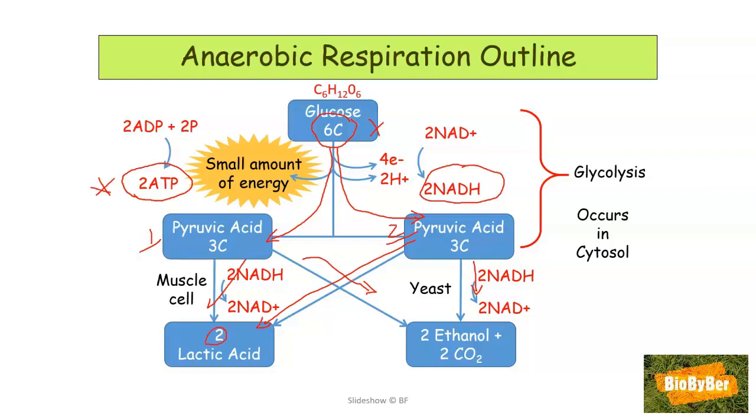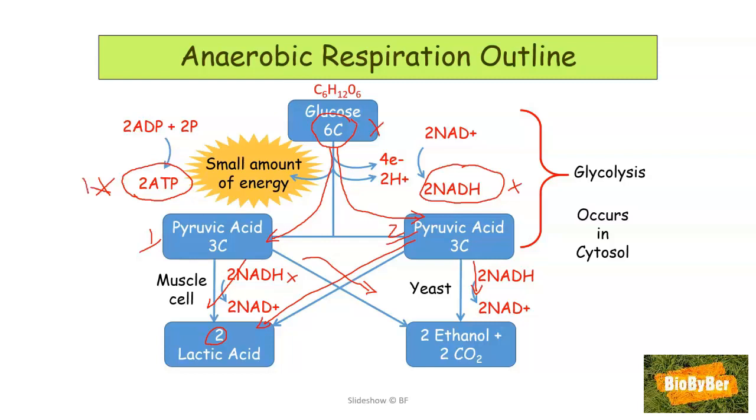There's no net gain of NADH because if you look at it here, 2 were created in glycolysis, but 2 were used to reduce the pyruvic acid. Now, if the anaerobic respiration is occurring in yeast cells, then obviously the products will be different.